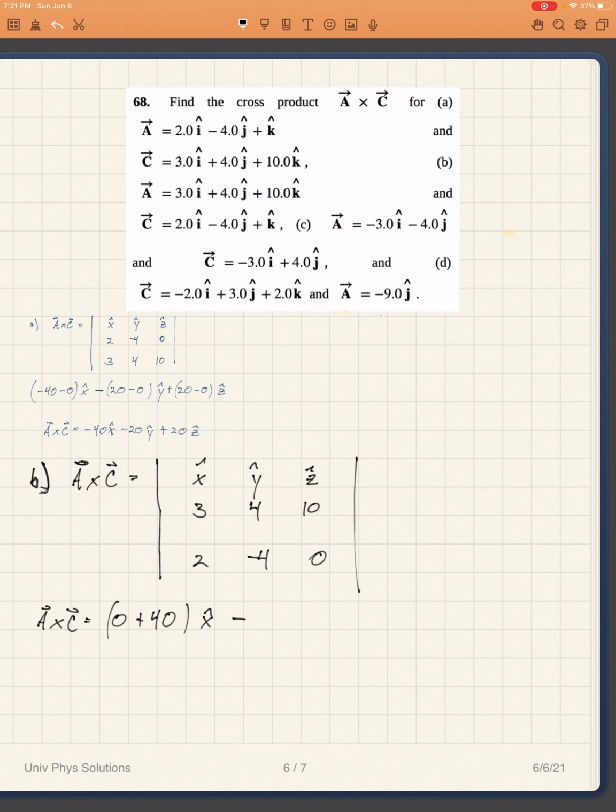For my y component, I put a negative sign. I ignore the y column, and I cross multiply these quantities. That'll be 0 minus 20. And finally, for the z component, I ignore the z column, and I cross multiply these quantities.